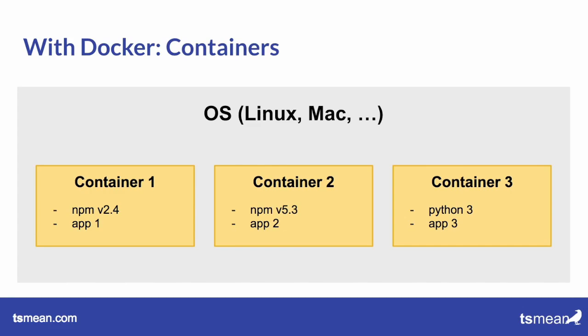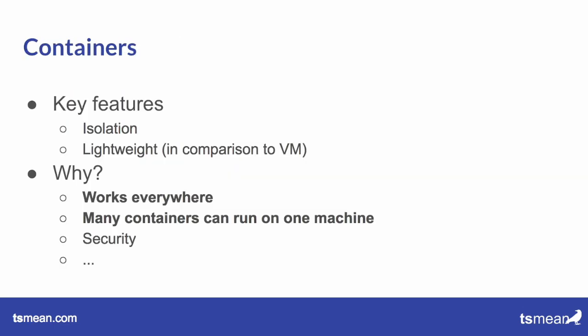And Docker containers are a boxed environment which bundles together some dependencies, some application code, and where you can run everything in an isolated environment. You can see here, for example, container 1 runs npm version 2.4 and container 2 has installed npm version 5. So this isolated environment is really what gives us an edge with Docker.